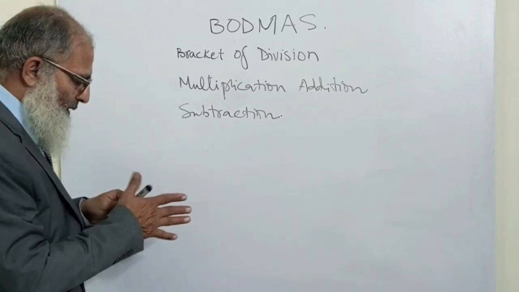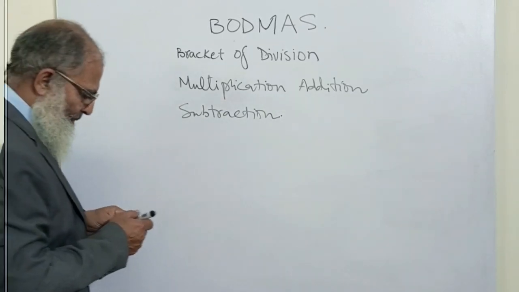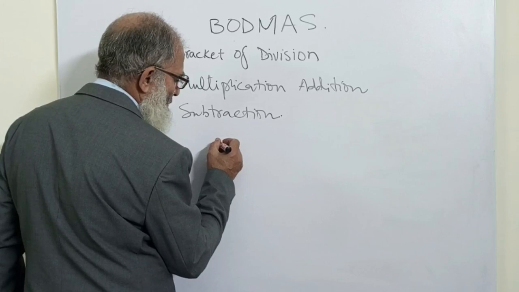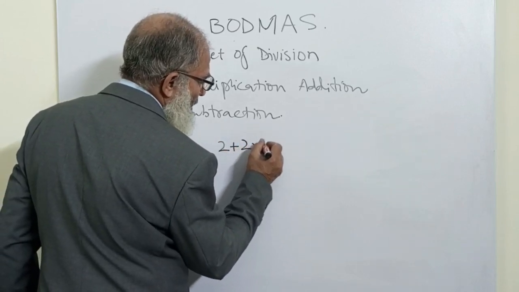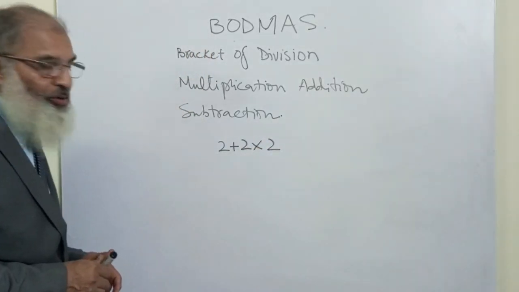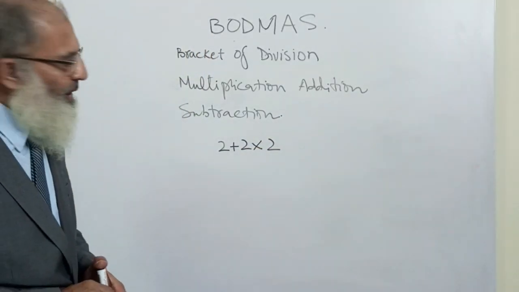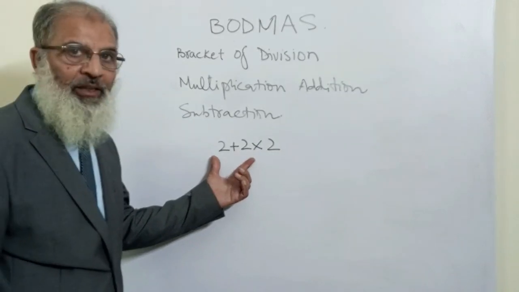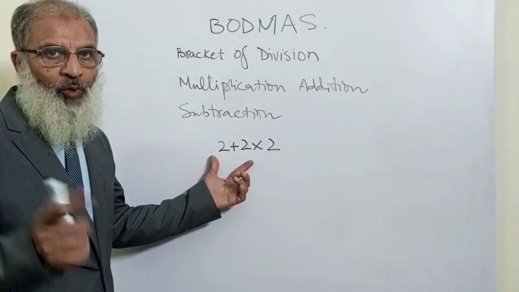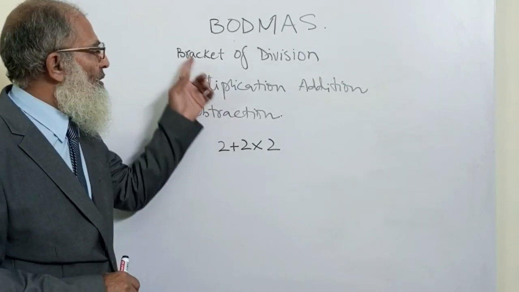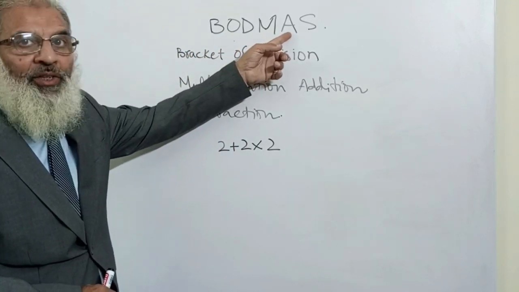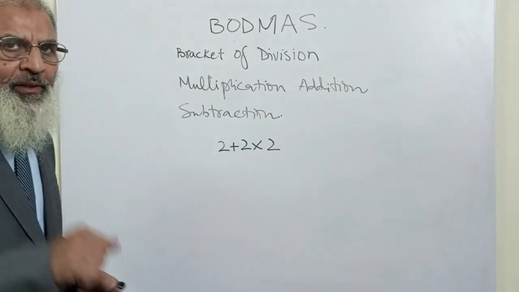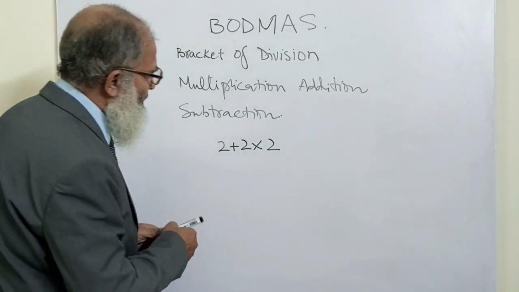The simple example, very simple example. Now you see, this is a very simple example, and what is the merit over here? What comes first? Multiplication, then addition. But let me do it in my way.